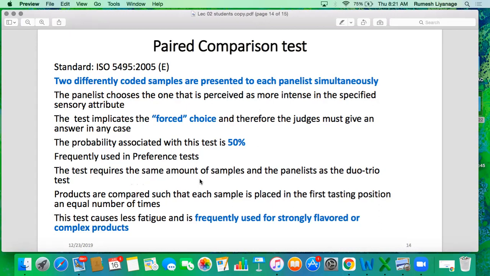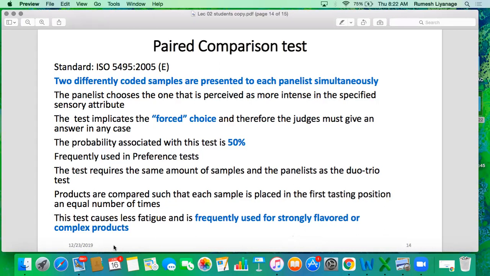The test requires the same amount of samples and panelists as the duo-trio test. Products are compared such that each sample is placed in the first testing position an equal number of times. This test causes less fatigue and is frequently used in strongly flavored or complex products.